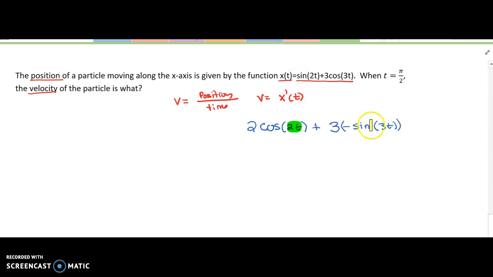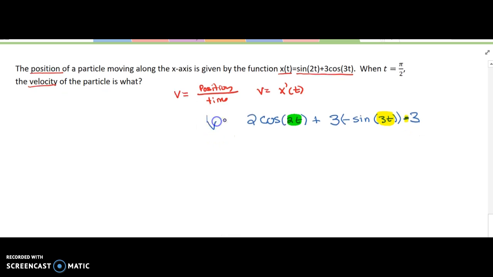But it also has an inner function, so the chain rule is at play. The derivative of 3t is 3. So I really have my velocity is 2 cosine of 2t minus 3 times 3, which is 9 sine of 3t.